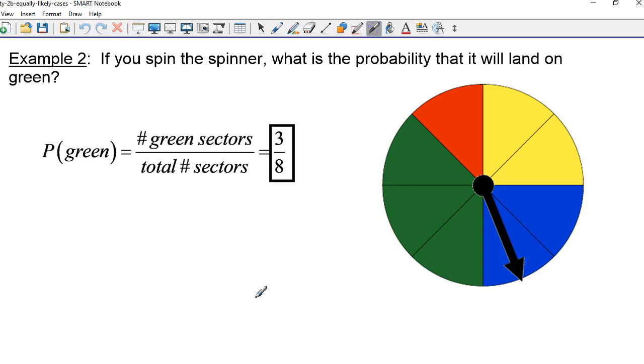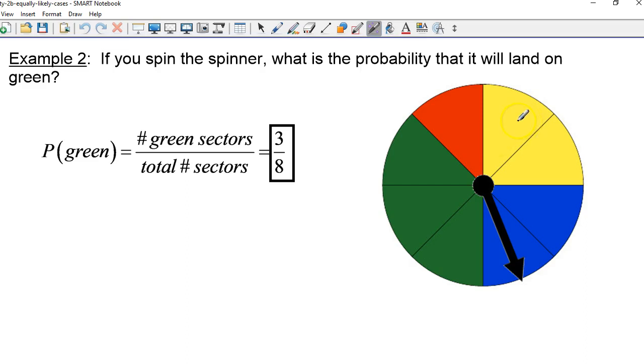Okay, a second example, also pretty straightforward. Let's say we spin this spinner and we want the probability that the arm will land on green. Well, these sectors seem to be equal widths, equal arc lengths or areas, so each individual sector should be equally likely.